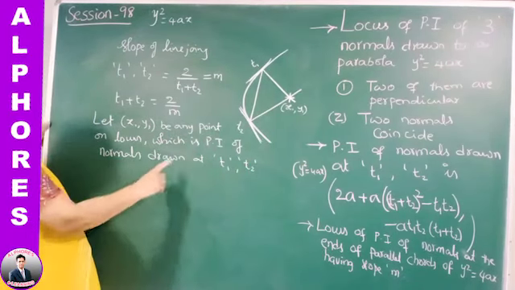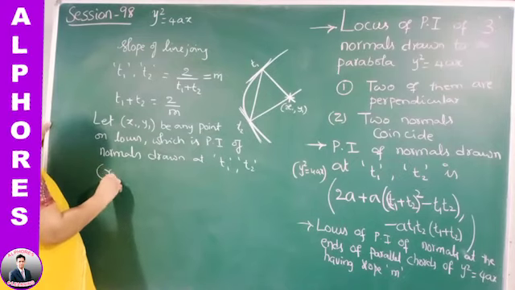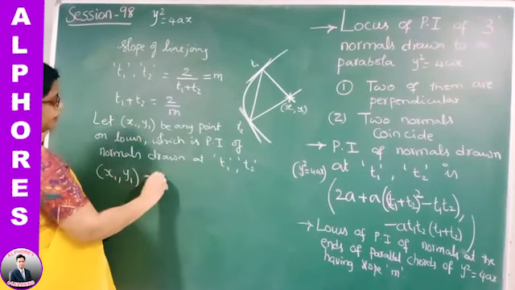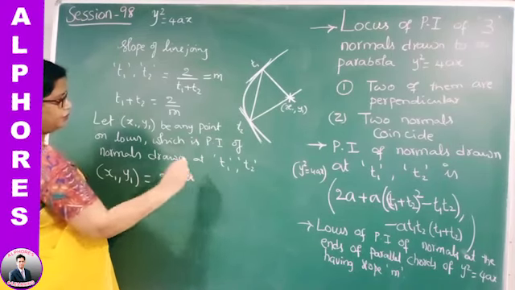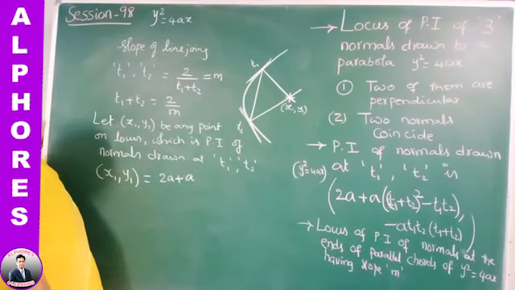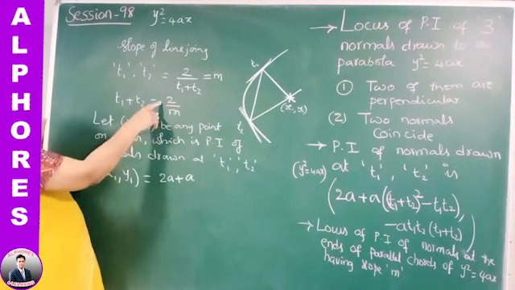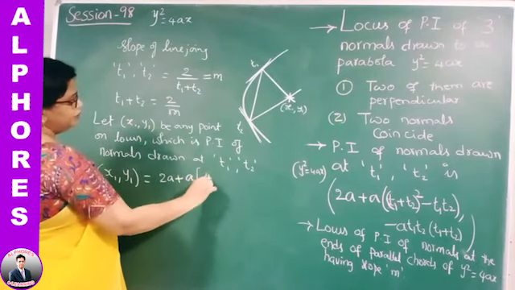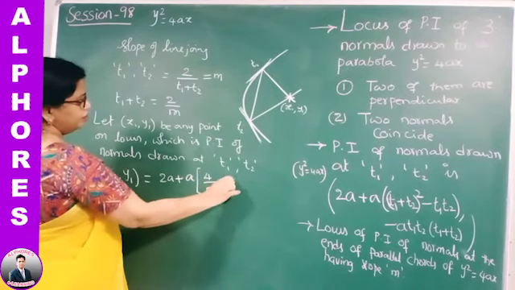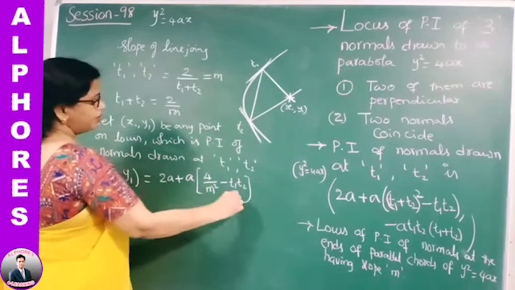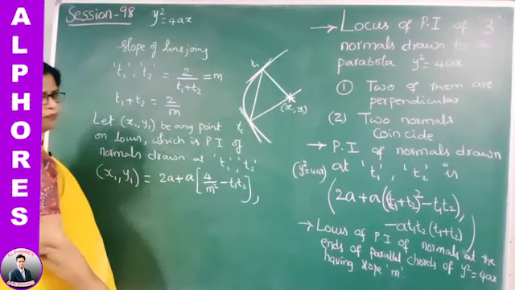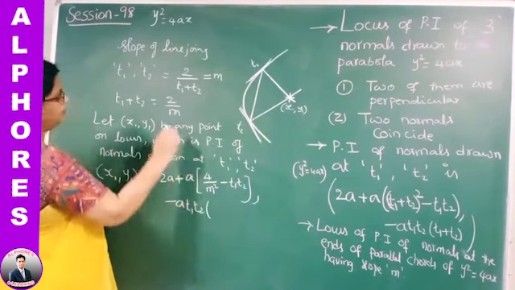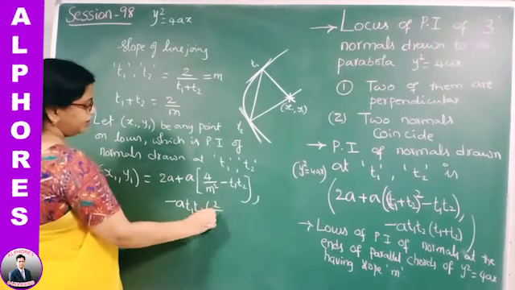Now I am making use of the formula: x1 comma y1 is equal to 2a plus a into T1 plus T2 whole square, then I substitute this result. Then this value is 4 divided by m square minus T1 T2. And the next value is minus a into T1 T2 into T1 plus T2, which means 2 divided by m.